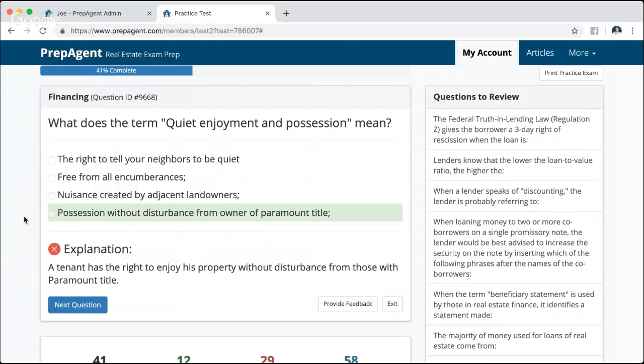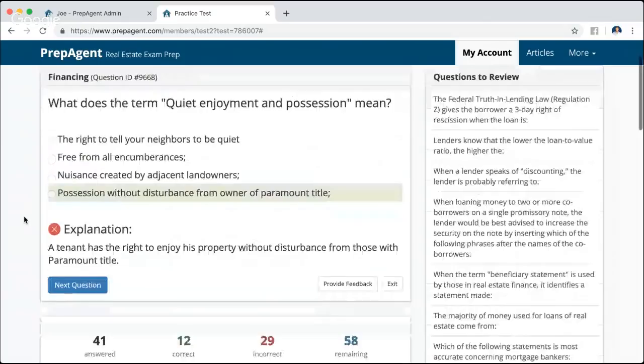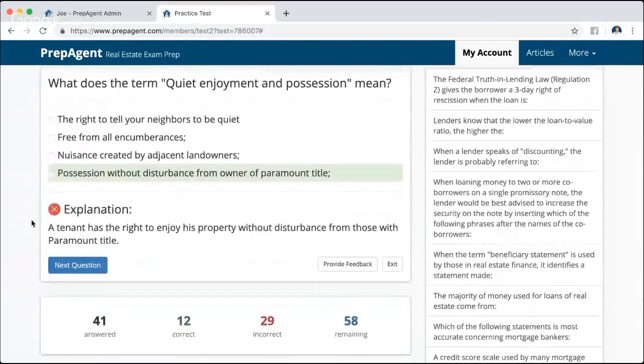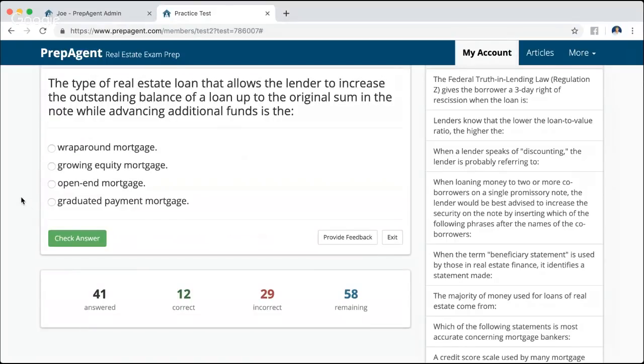And the answer is D. Totally, Amanda. I agree. Paramount means a higher degree of ownership. So like a landlord has paramount title over a tenant. Hope that helps, Sherry.